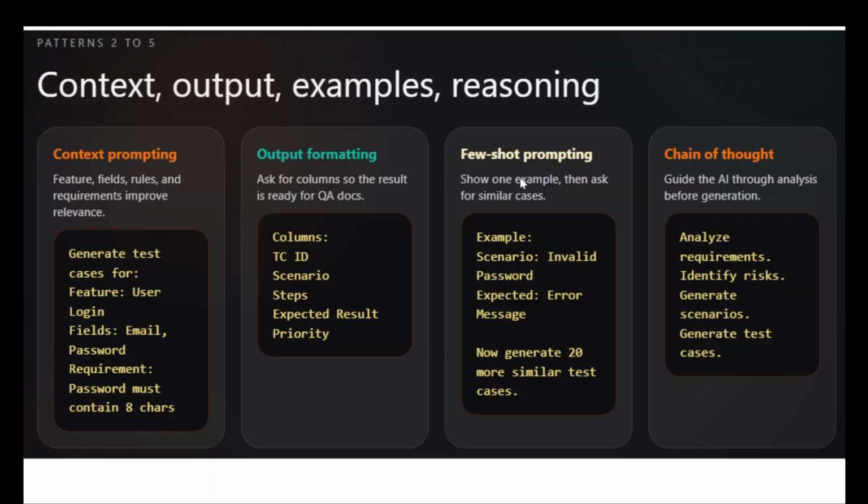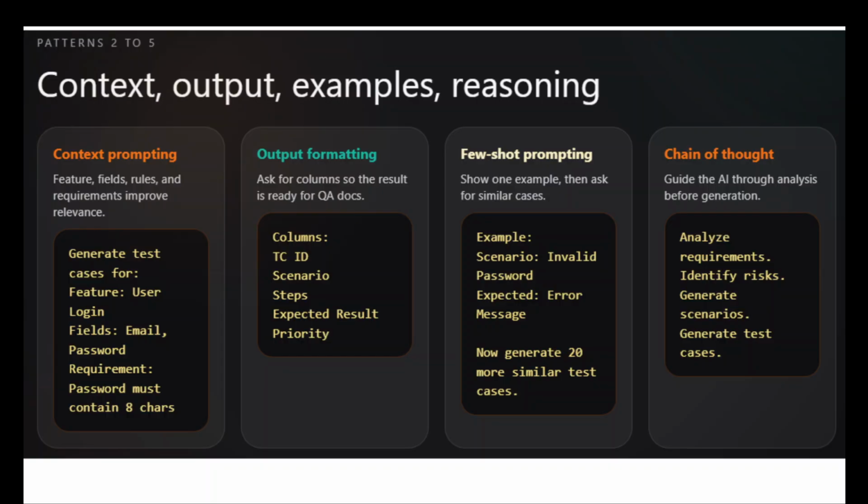Few-shot prompting is also one type of prompting. There is zero-shot prompting, which means you just provide a single line without any example, without any context, without any role. If you simply say generate test cases, that is called zero-shot prompting. If you provide some context, it is called one-shot prompting.